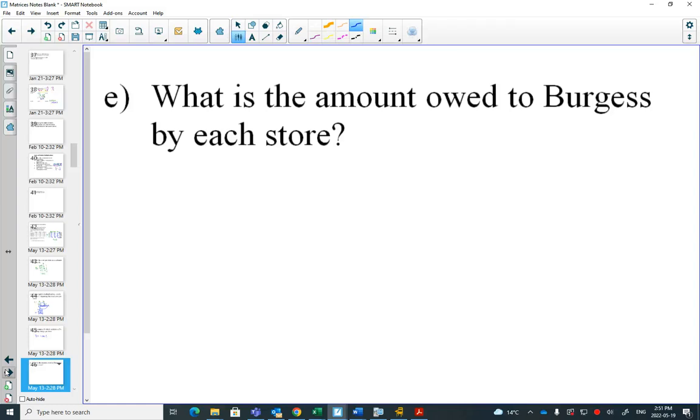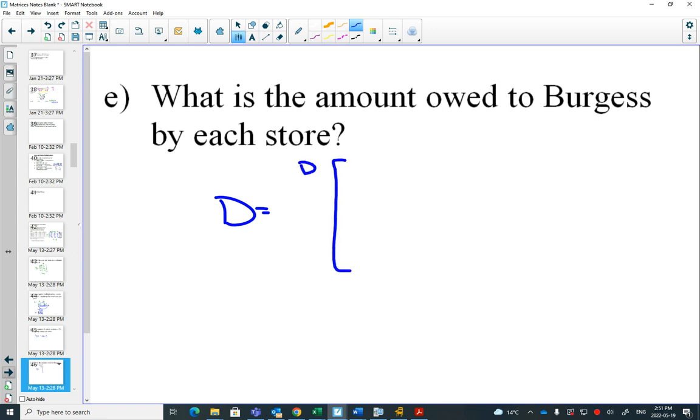Can you think of a mathematical way that we could do this? Matrix E would be just adding up all of the things in matrix D. Shouldn't your answer be a matrix because it's by each store, not all of the stores combined? Oh, that's so. Yes, this should just be D, right? The total owed will be D.